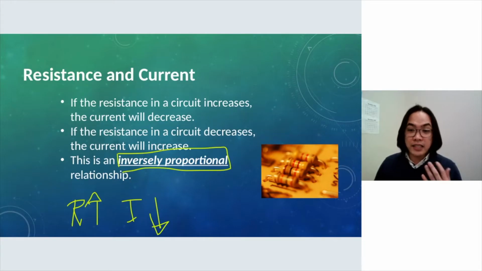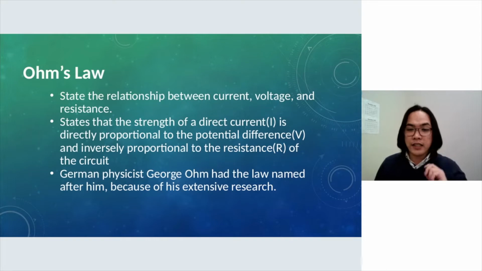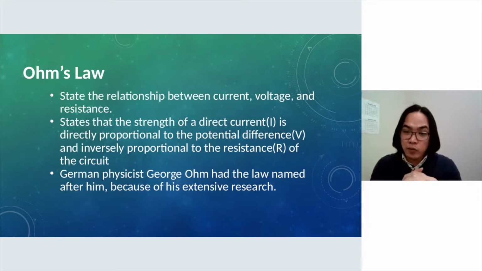Okay, so I hope it is clear. Direct proportional for voltage and current, and then inverse proportional for resistance and current. The combination now, or the relationship now between those three, current, resistance, and voltage, is what we call Ohm's Law. So Ohm's Law states the relationship between current, voltage, and resistance.